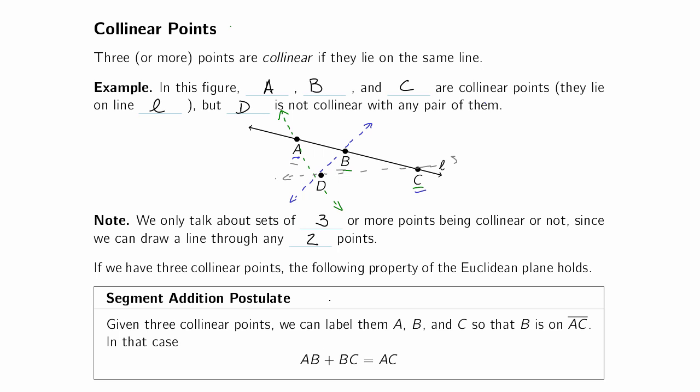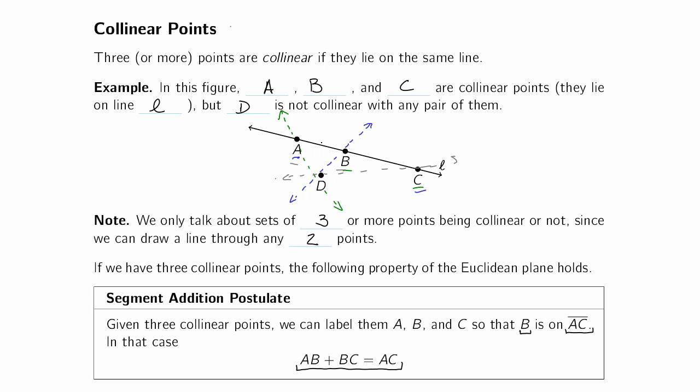So 3 points being collinear is a special fact about them. 2 points, of course they're collinear, just draw the line through those 2 points. If we have 3 points, and we label them laid out like in the example, with B being the one that's between A and C, so the point B lies on the segment AC, then we have the following property of the Euclidean plane.